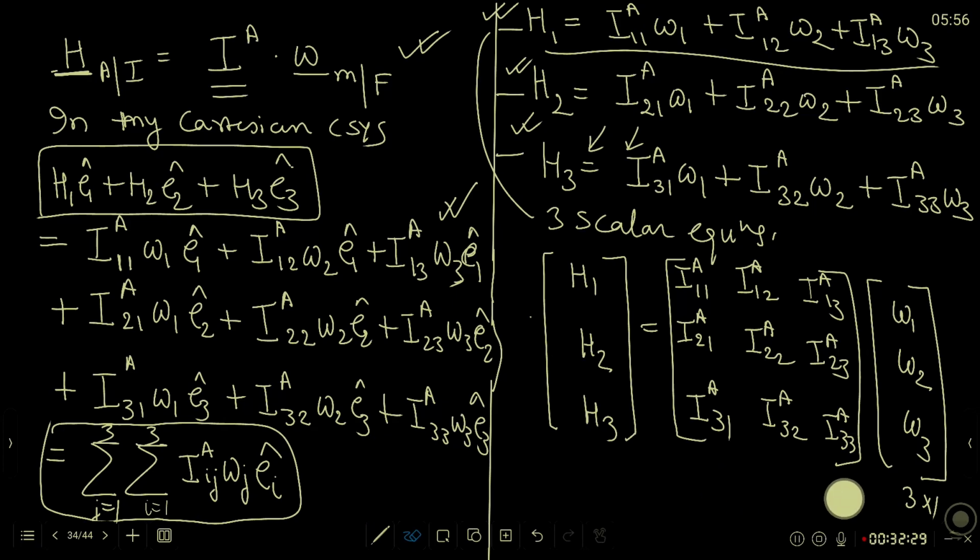Symbolically I will write this equation now onwards as H_A, the matrix version of the vector H_A, and this I will refer to as I_A, and this I will refer to as omega.